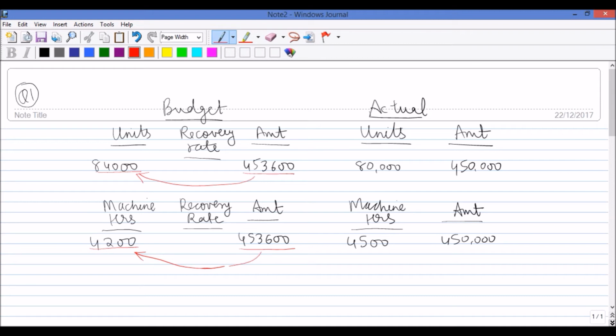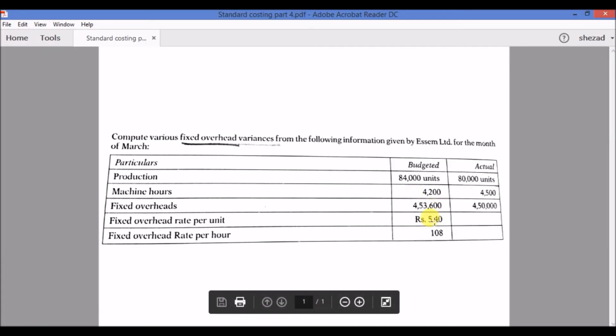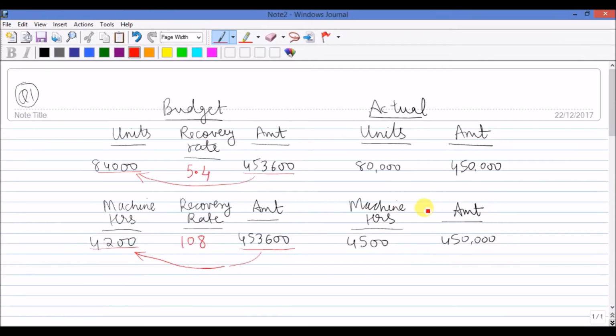So I'm getting a recovery rate of 5.4. 4,53,600, I'm dividing by 4,200. So I'm going to get a recovery rate of 108, and they have given us 5.4 and 108. No problem. If they would not have given it to us, we could have found it. So now we are done with step 1.